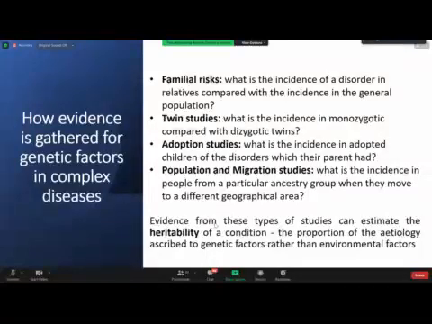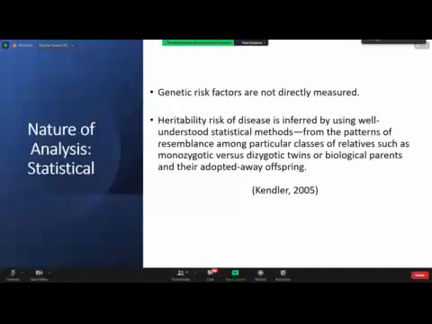Okay. Then we have, okay, लेकिन we are dependent on statistical analysis to identify the risk of this heritability and these things.